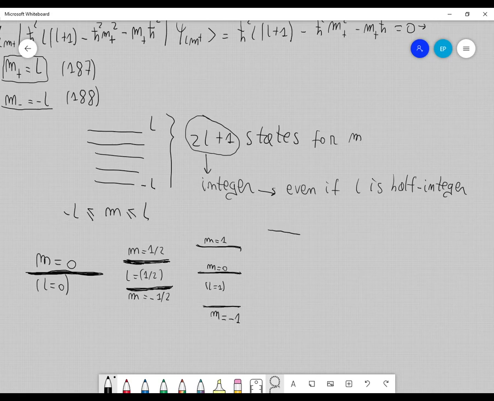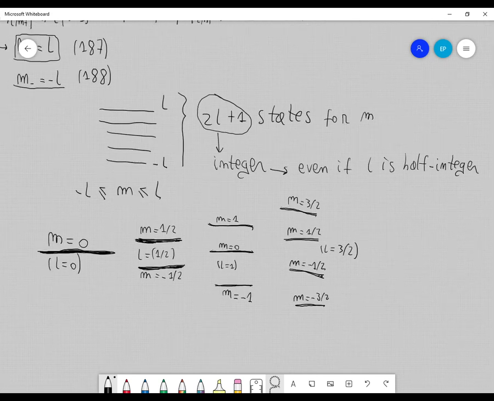You have another state like this with 4 possible values for M. These are 4 different states because you're changing M. So you have M equal to 3/2, M equal to 1/2, M equal to minus 1/2, and M equal to minus 3/2, and the value for L in this case is equal to 3/2.